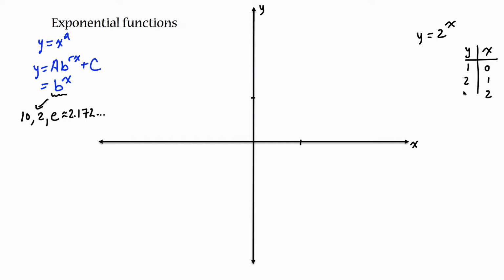When x is 2, y is 4. When x is 1/2, y is the square root of 2. When x is -1, y is 1/2, etc. So we go through plotting those: 0, 1, 1, 2, 2, 4.